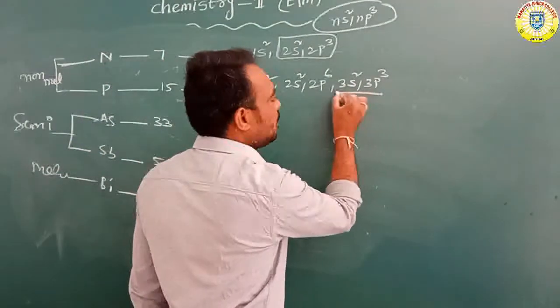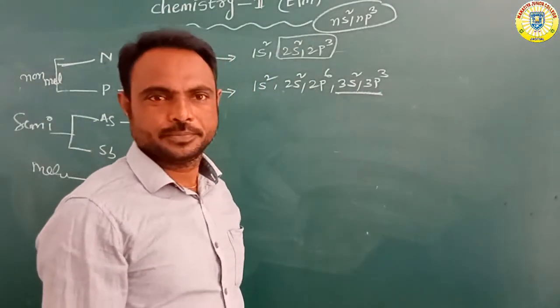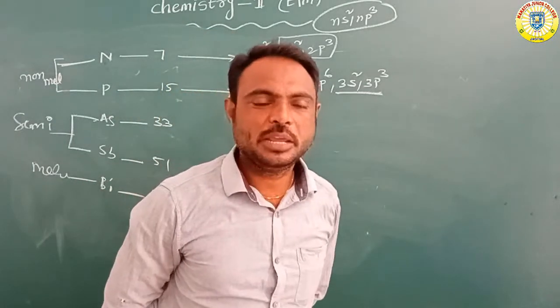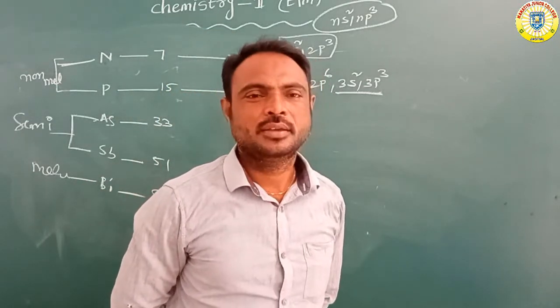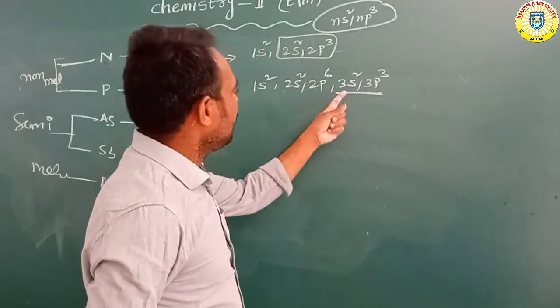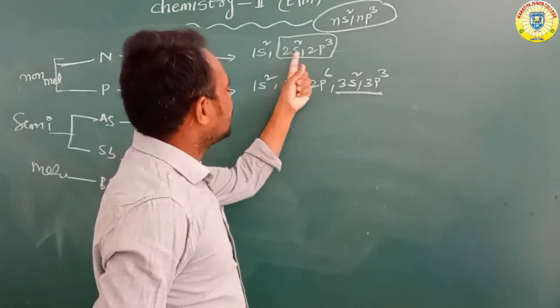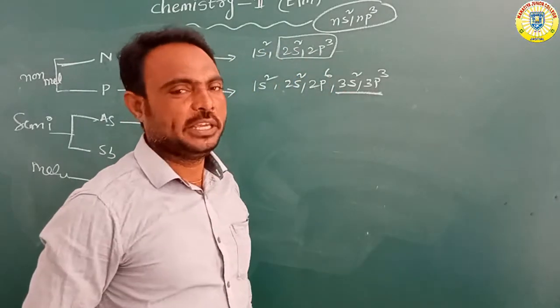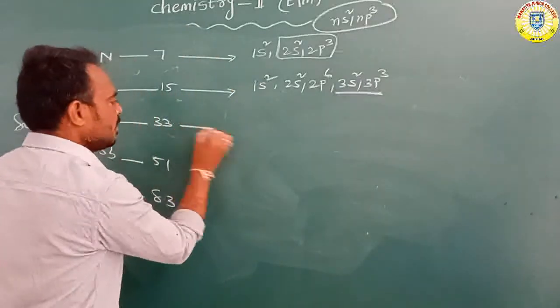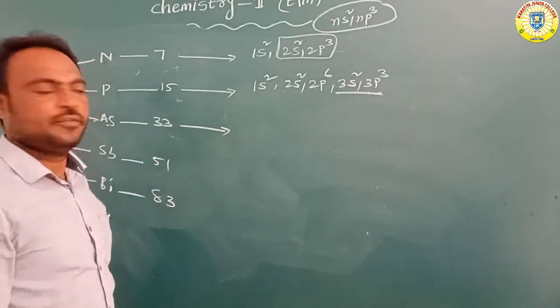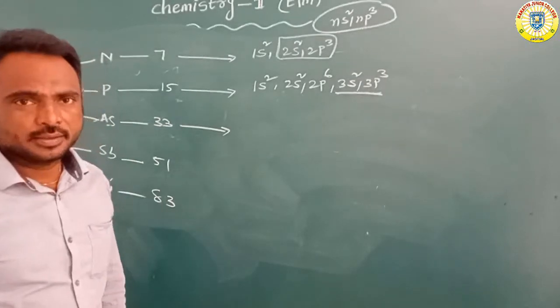So 3s2, 3p3 is the outer shell. Overall, 2s2, 2p3 and 3s2, 3p3.